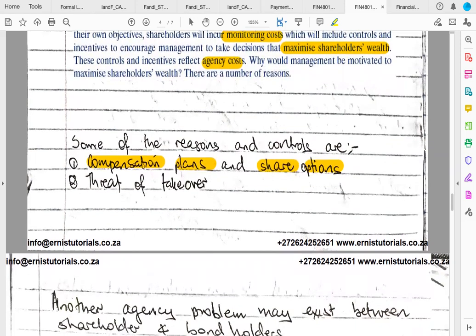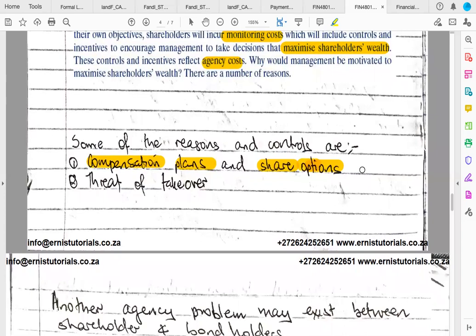So that will incentivize managers to act in the best interest of shareholders. Or management might also be given share options where they have an option to actually buy the shares in the company. And then this might push management to try to act in the best interest of shareholders, knowing that they also have an interest in the share price going up. So that would prevent the managers of the company acting in their own interest, but rather considering the interest of shareholders.